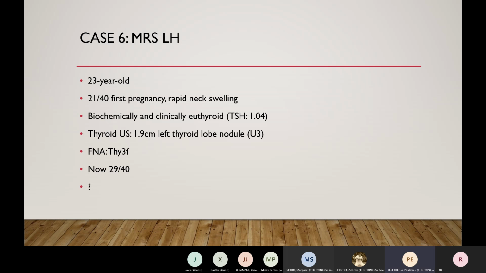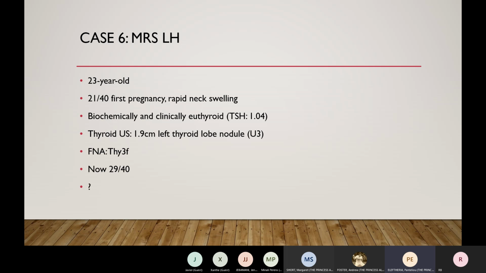Case number 6, Mrs. LH, recently seen in the clinic. She's 23 years old. When I saw her, she was 21 weeks pregnant with her first child. Presented to her GP with rapid neck swelling. She had a normal TSH and she was clinically euthyroid.